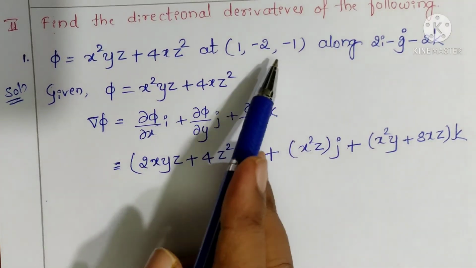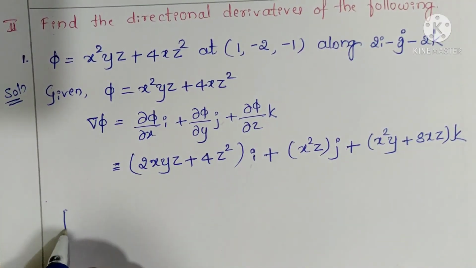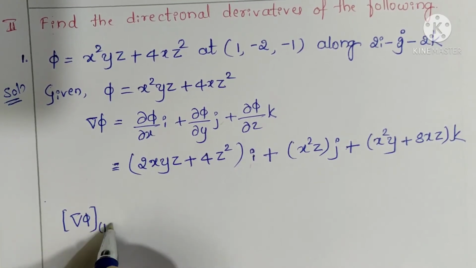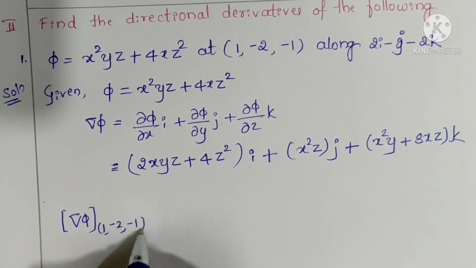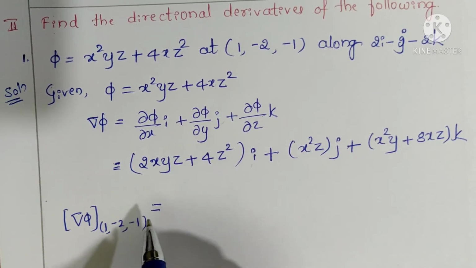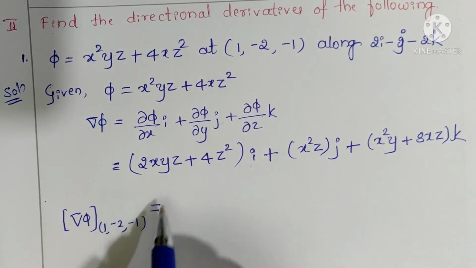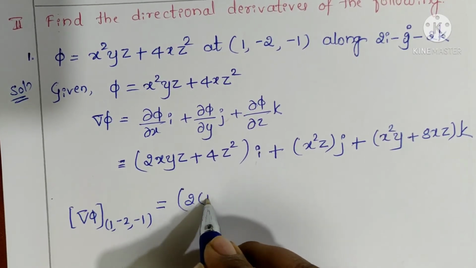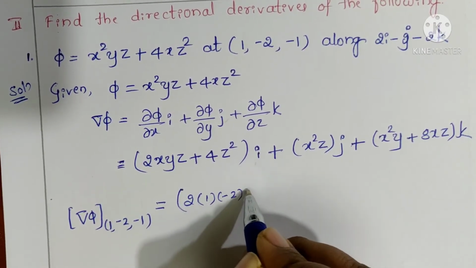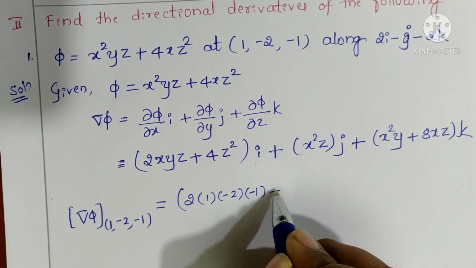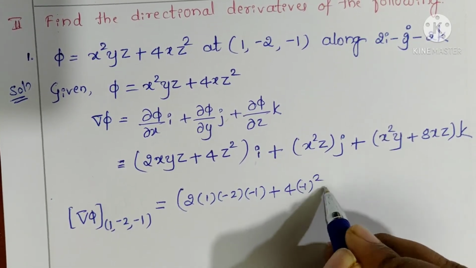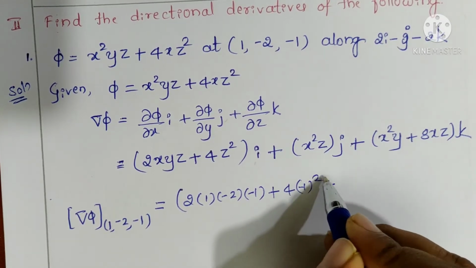Now you are going with the points. That's why del phi at 1, minus 2, minus 1. Substitute the points. So it is 2, x is 1, y is minus 2, z is minus 1 plus 4, z square will be minus 1 whole square. Yes.